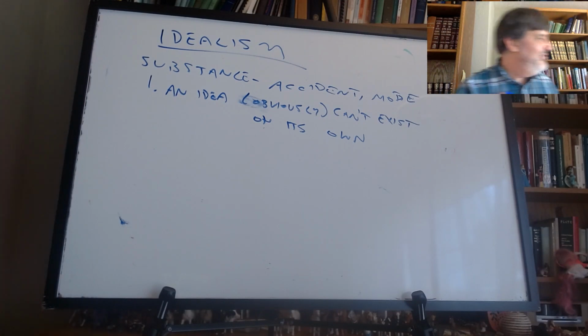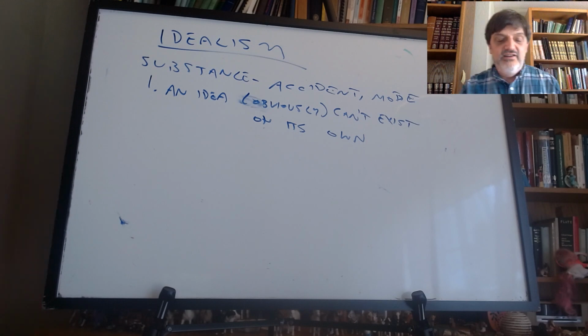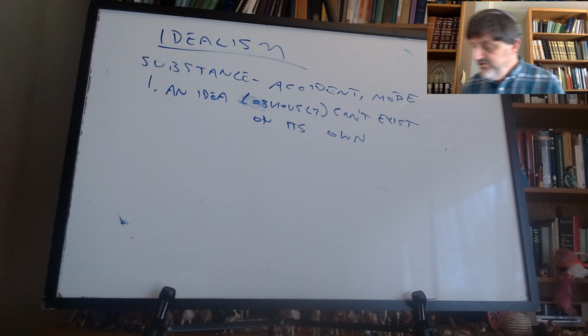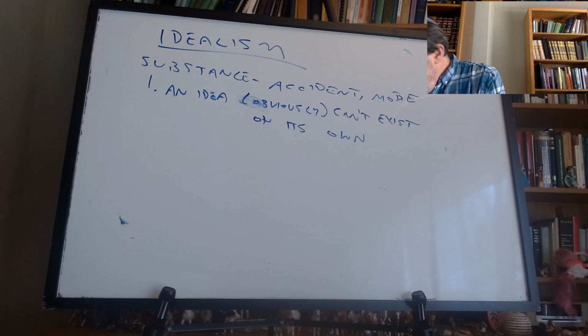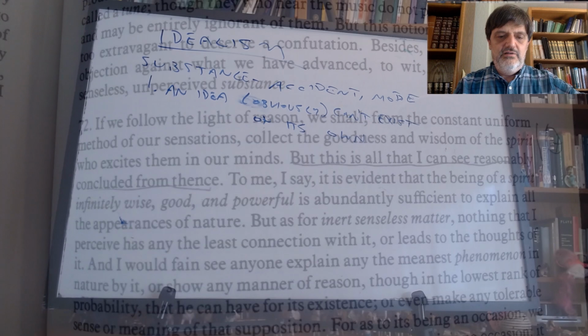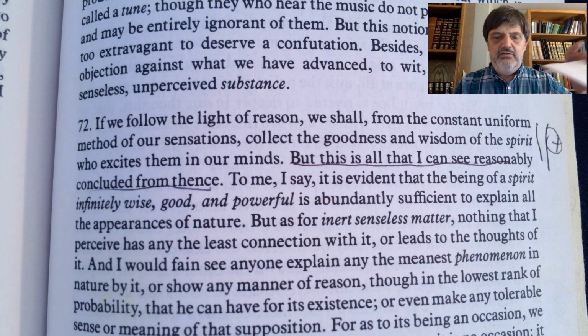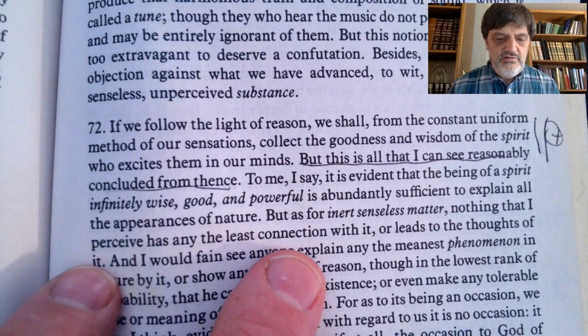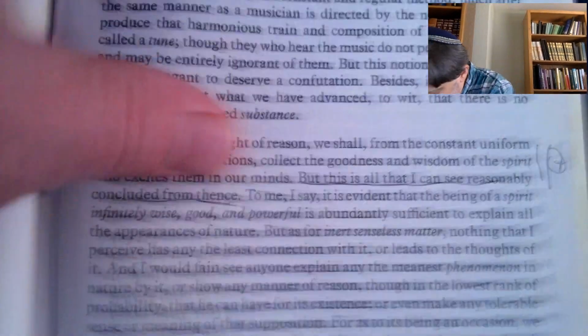All right. So an idea, according to Berkeley, is just obviously something that couldn't exist on its own. He says this, for example, on the bottom of page 51, Part 1, section 73.